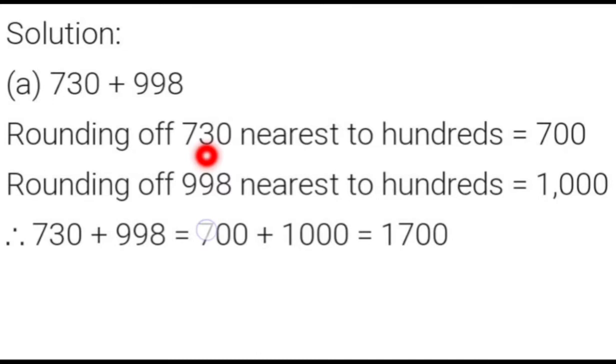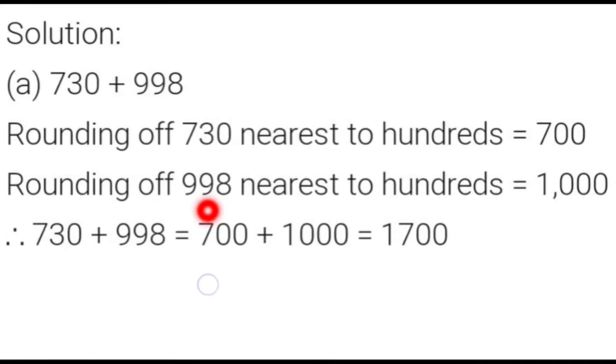So 740 is the limit where it is very close to 700, and from 750 onwards, the numbers are nearest to 800. So this is below the limit, that is it is less than 740, and that's why this 730 is nearest or very close to the round hundreds, that is 700.